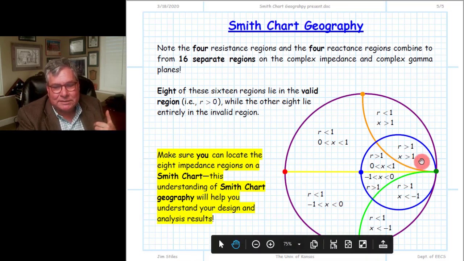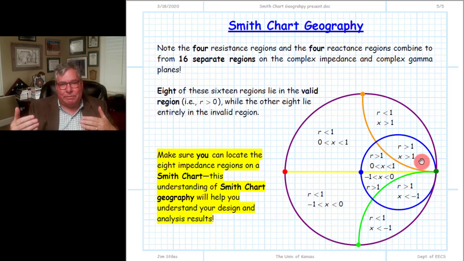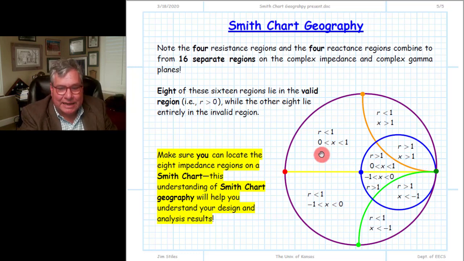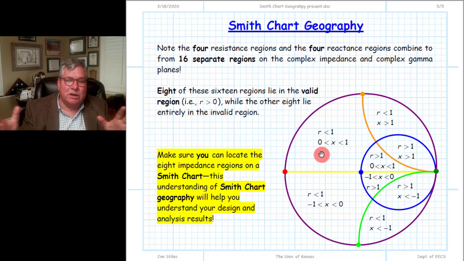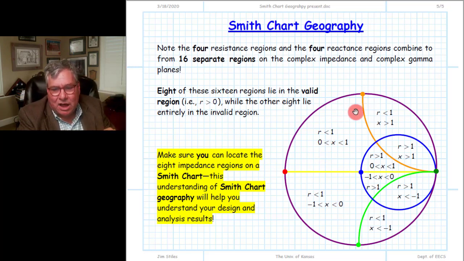If we look at a point inside that blue circle, we know that value of gamma must be mapped from an impedance whose resistive part is greater than 1, whose resistance is numerically greater than the characteristic impedance Z0, in other words. And of course, if it's outside of the blue circle, the resistive value is somewhere between 0 and 1 normalized. Finally, we can look at two contours.